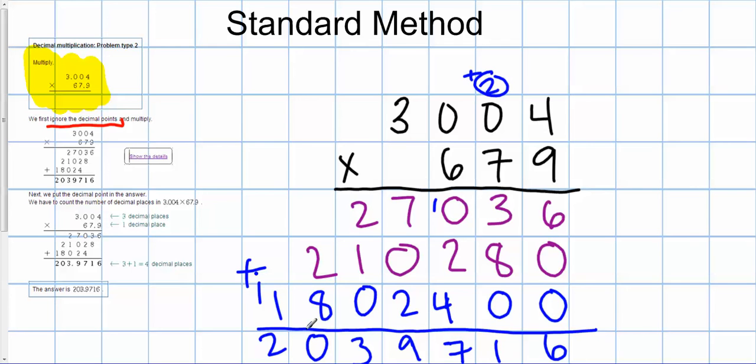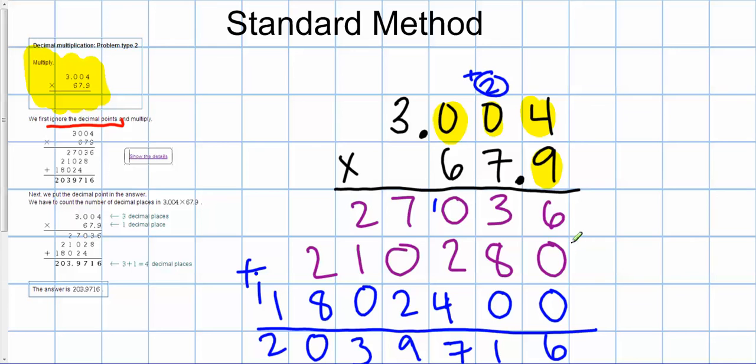Now here's what I have to do. Remember, this started out being a problem with decimals. So I'm going to go back in and add my decimal points in where they should have been. Next, I'm going to count how many numbers are to the right or behind my decimals. 1, 2, 3, 4. 4 total numbers are behind the decimal point.